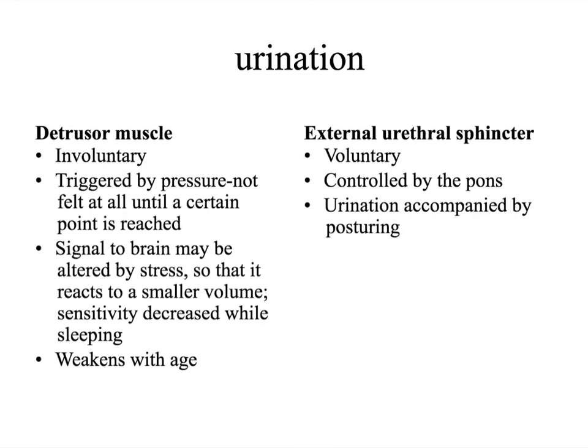The external urethral sphincter is the only skeletal muscle involved here, and again, that's going to give you some voluntary control. The ability to release that is going to be controlled by a center in the pons, in the brainstem. The urination process itself is fairly complicated.